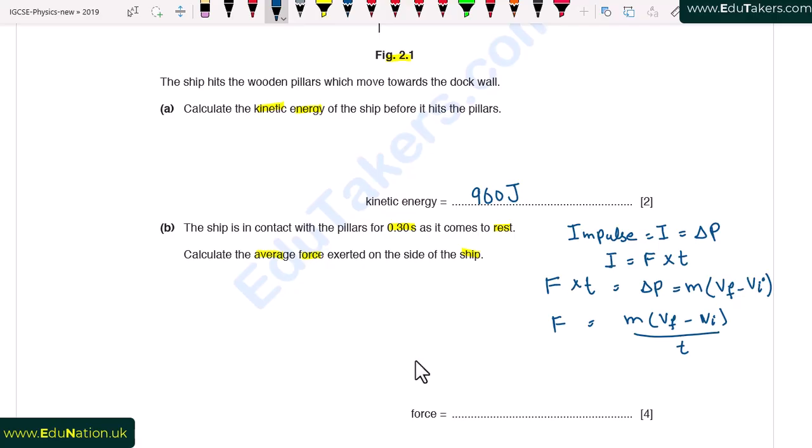So here we have to put the values of mass and velocity. So F is equal to, mass value is 1.2 × 10^6, and final velocity is 0 because it comes to rest. So the initial velocity is 0.040 and time is 0.30.